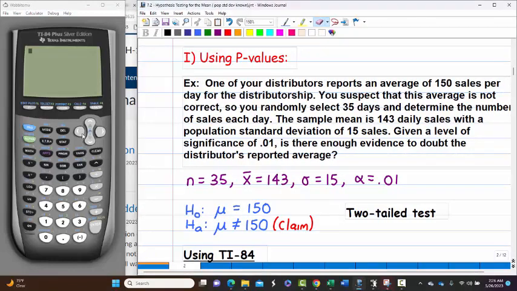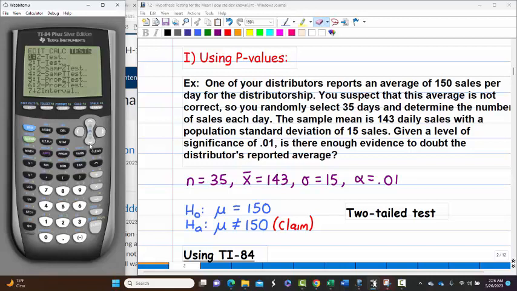To do this, we go to Stat, Test, Z-Test. Now, in this chapter, I want to make something perfectly clear. If you're a calculator user, anything involving these hypothesis tests, the function will be Test.